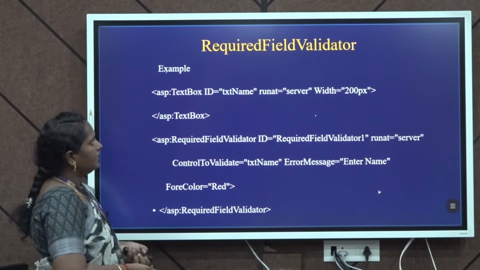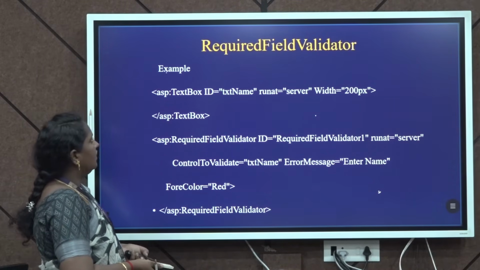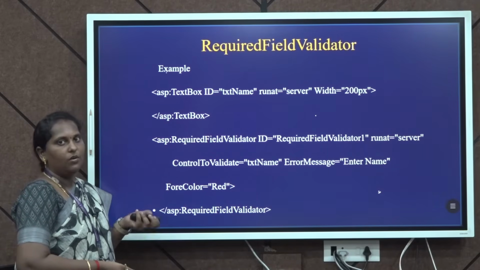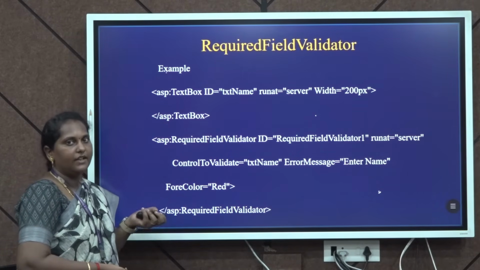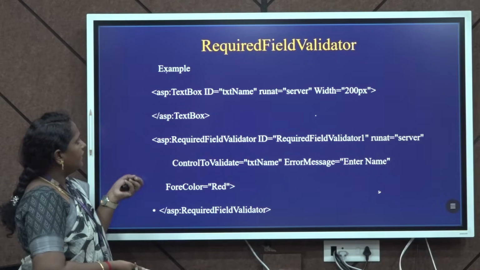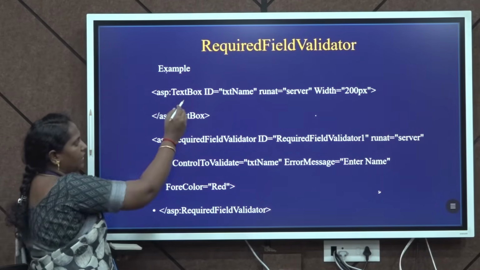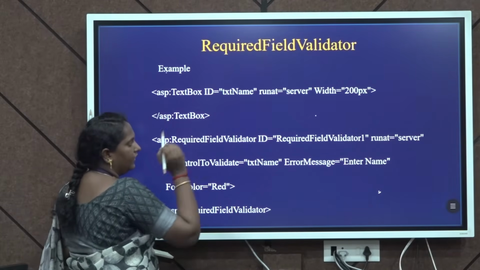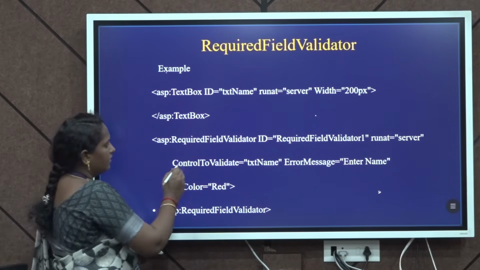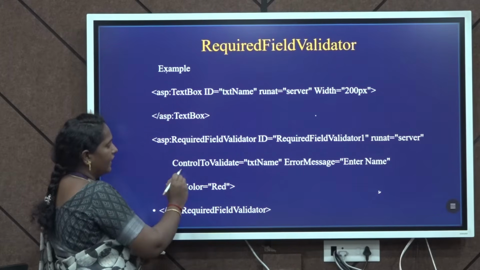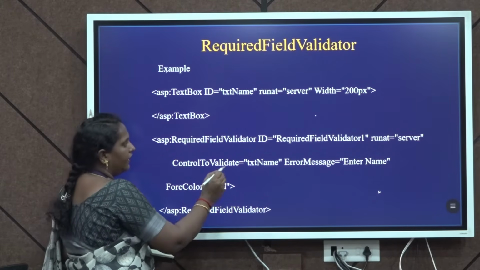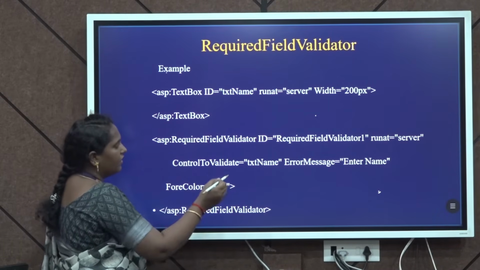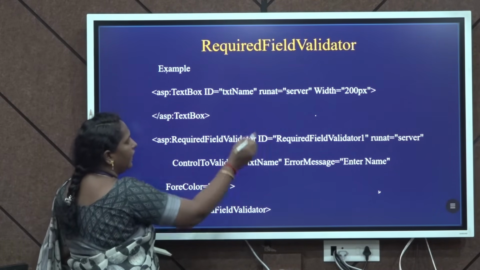The first one is the required field validator. From the name itself we can tell that a value must be entered in the text box. For this I added one text box and an ASP.NET required field validator control. The important syntax is ControlToValidate. Here I am going to validate the text box, so I mention the name of the text box.